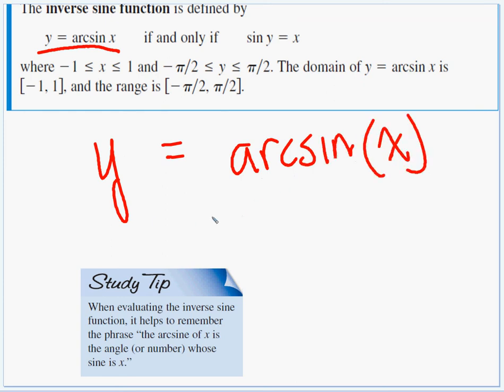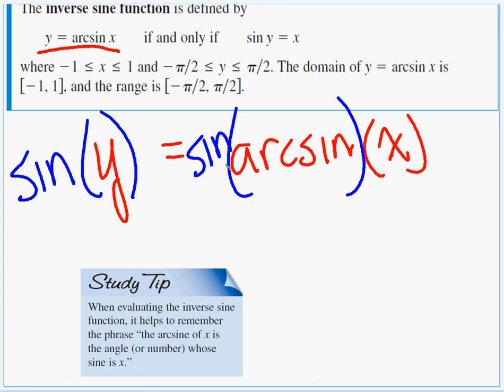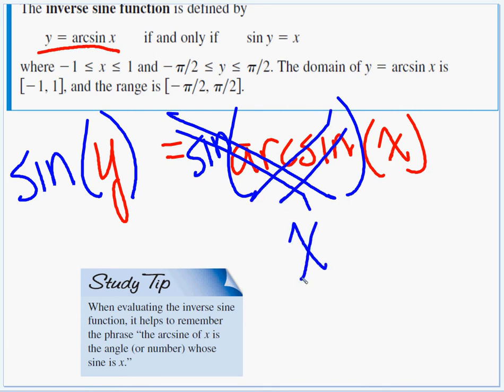If we want to do something to one side, we have to do it to both sides to be fair. So let's say I wanted to take the sine of the left side, so this becomes the sine of y, and then I'm going to take the sine of the arcsine. Sines and arcsines are inverses, so these will cancel each other out. So what we're left with over here is just the x. X is equal to the sine of y, and that's exactly up here.